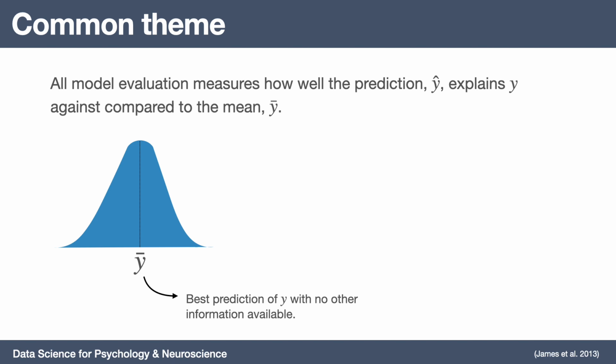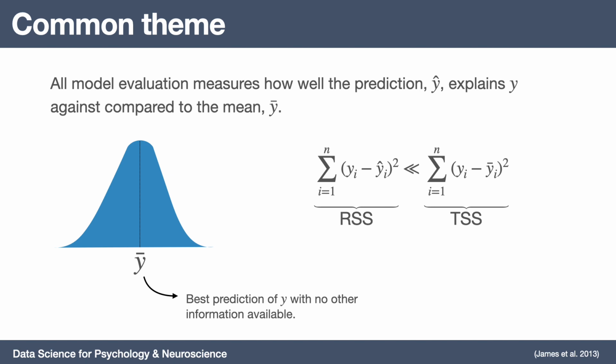That's my best predictor. So what these model evaluation terms are doing is comparing how well your model's doing with additional information, in this case your x terms, compared to just explaining y with the mean itself. And you can think of the total sums of squares as just being the variance of y.